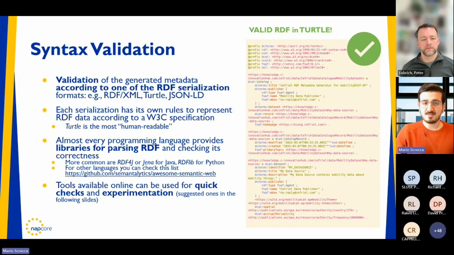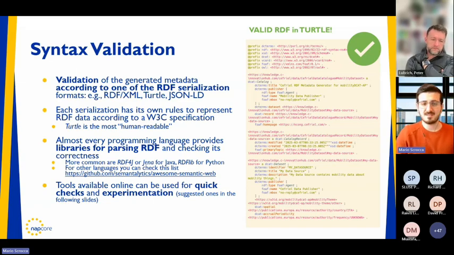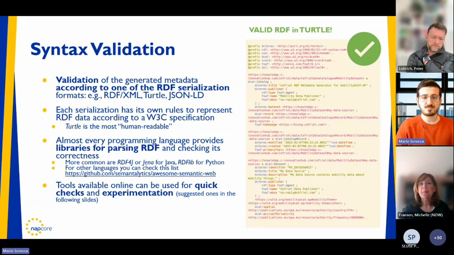How can you do this? First of all, of course, you can do it programmatically. You can choose a library that supports RDF. There are a lot of libraries out there that are able to do so. The more common are RDF4J or Jena for Java and RDFlib for Python. I also put here a link that contains many resources about using RDF, and for every programming language you will find libraries that are able to process RDF.